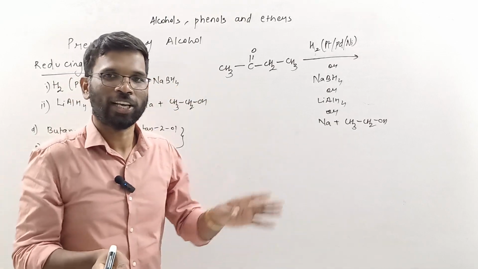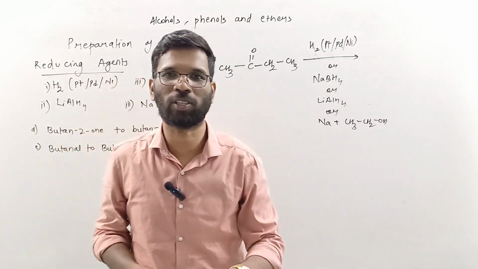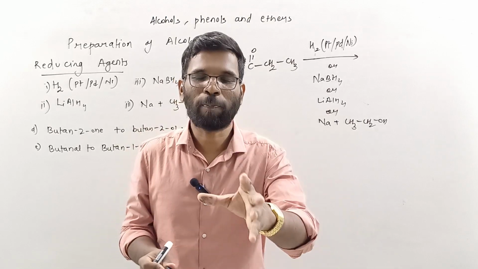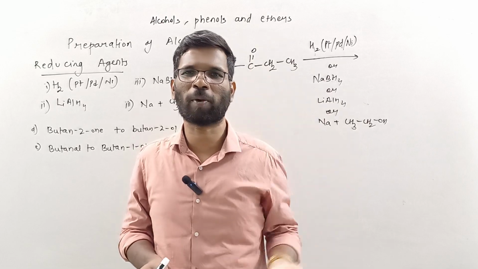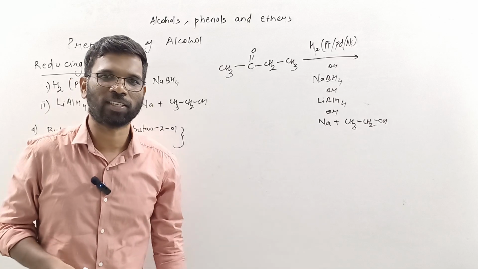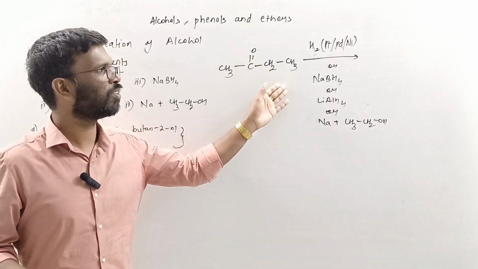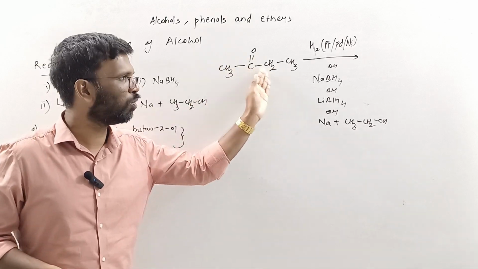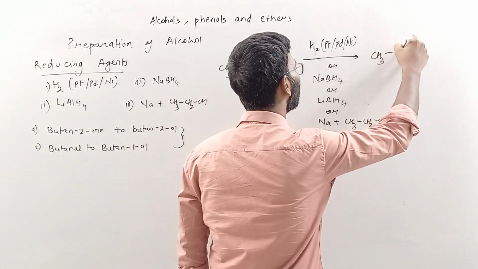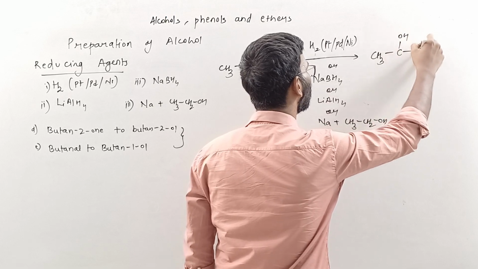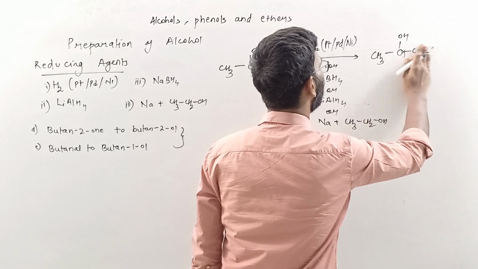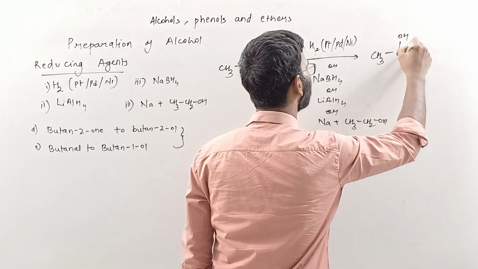You need to identify what is happening in the reaction, reduction or oxidation. Once you get that the reaction is reduction, you just have to remember a reducing agent. You can add any one of these, and you win both ways, because if you do the reduction of this ketone, you will get a secondary alcohol, that is this. Right? You will get this.